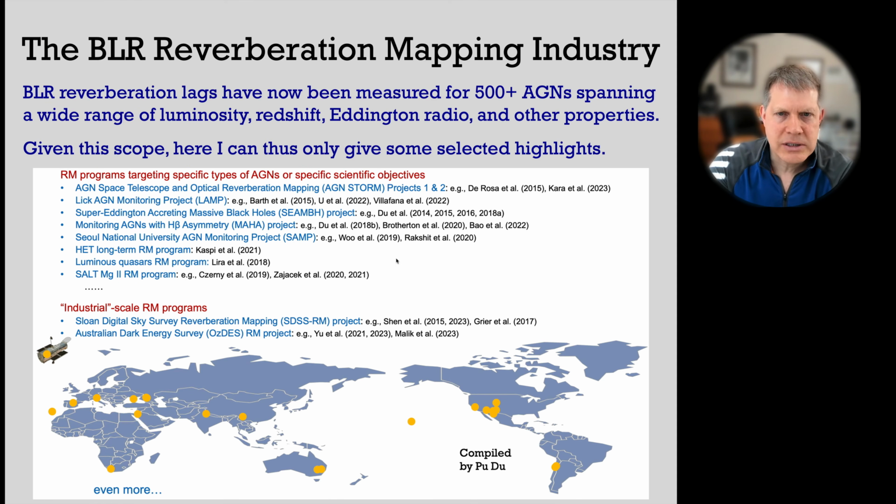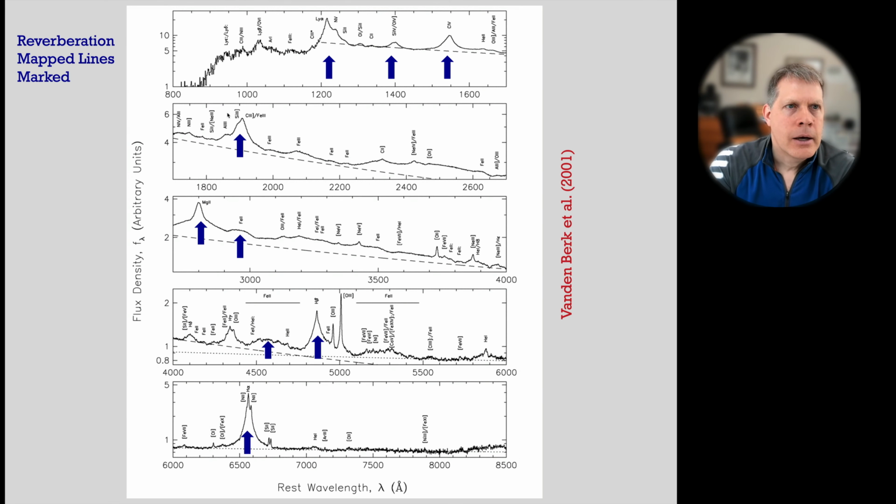So this gives you a sense of the types of things being done, broadly, in the reverberation mapping industry. Lots of interesting things are being done. And many BLR lines have now been reverberation mapped. Here is the same plot that I showed you previously, but now I have arrows pointing out the lines where reverberation mapping has been done, often with good success.